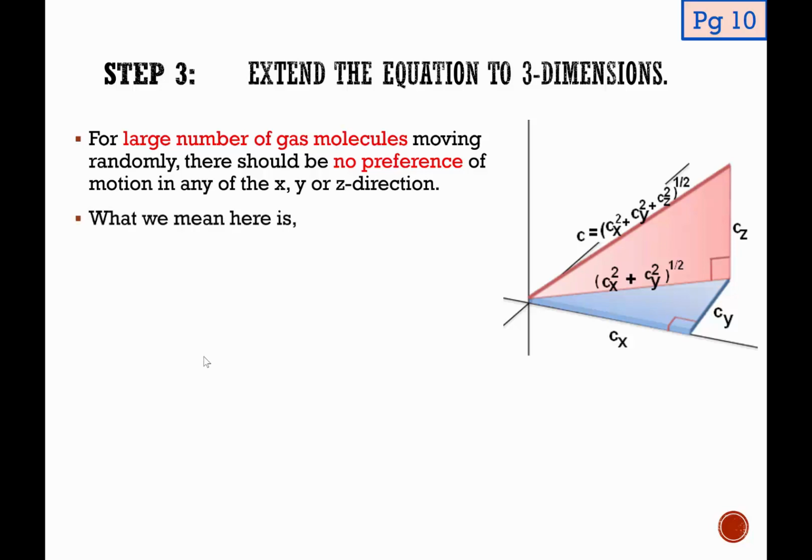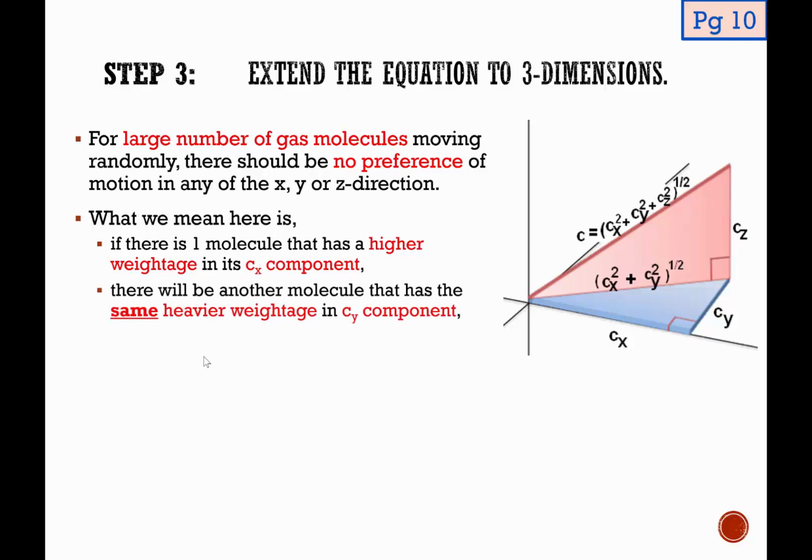So what we mean here is, if let's say there is one particular molecule that has a higher weightage in the cx component, definitely you will be able to find another molecule that has the same heavier weightage in the cy component, or another molecule with as heavy a weightage in the cz component.